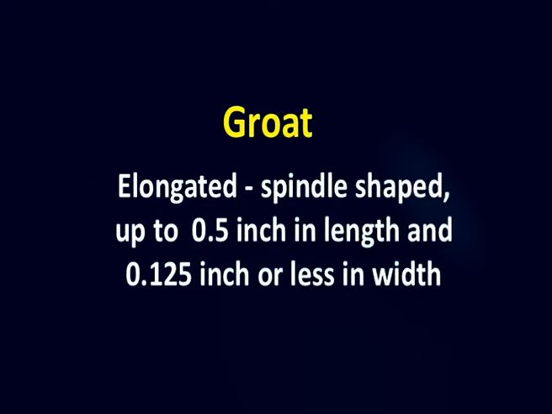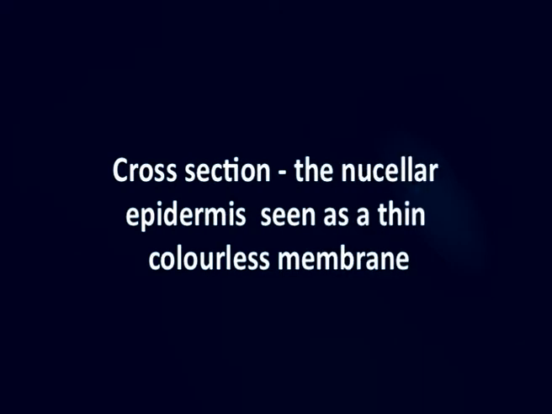It is elongated, spindle-shaped, up to 0.5 inch in length and 0.125 inch or less in width. It is generally covered with fine, silky hairs and includes the seed coat layers of cells, starchy endosperm and the embryo. In cross-section, the nucellar epidermis can be seen as a thin, colorless membrane.